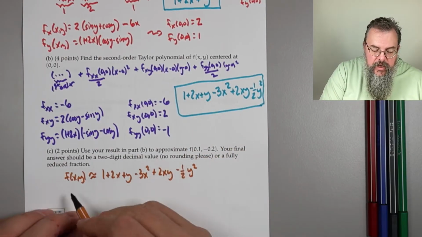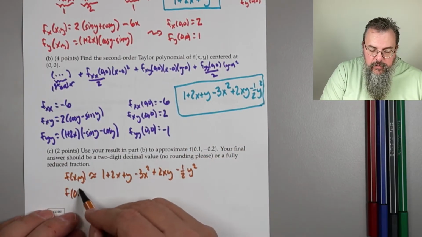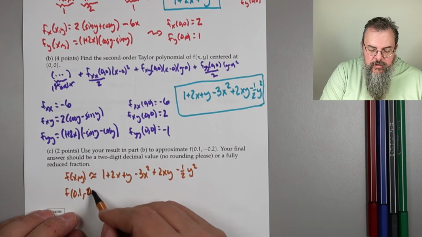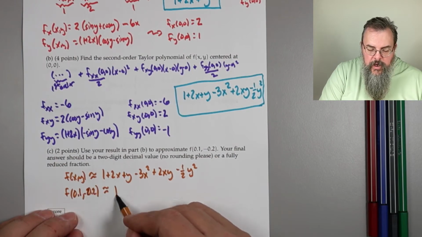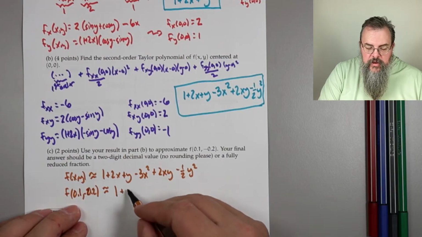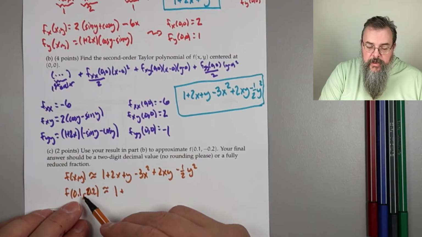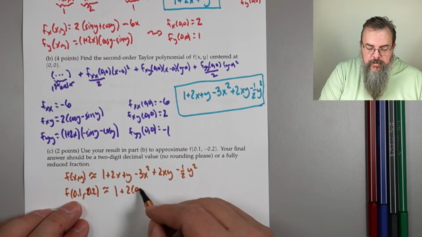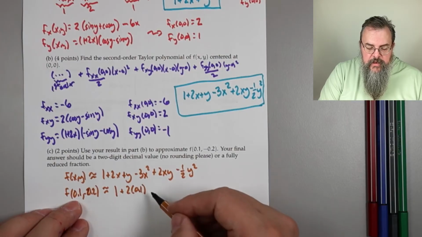In this case, we say f of (0.1, -0.2). Well, that's about 1 plus 2 times 0.1. Okay, so that's going to become 0.2 in a second.